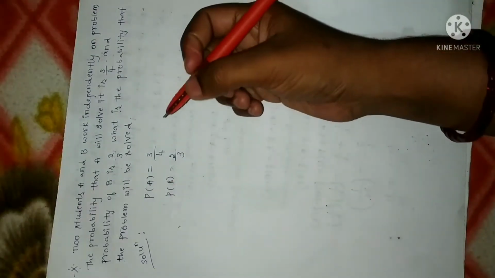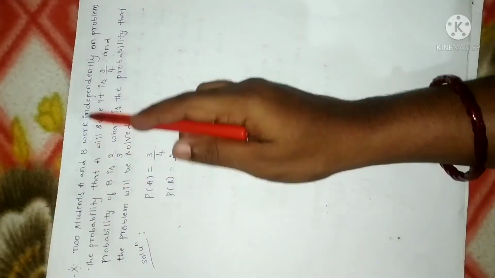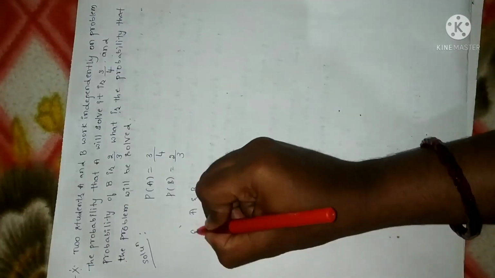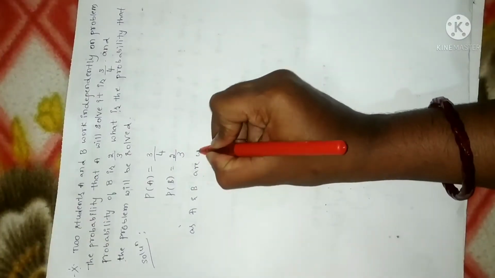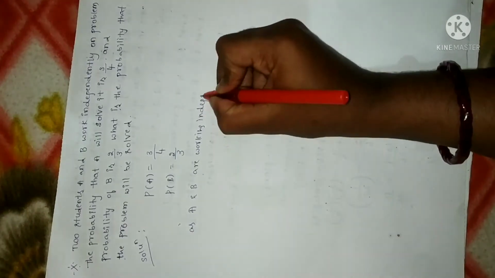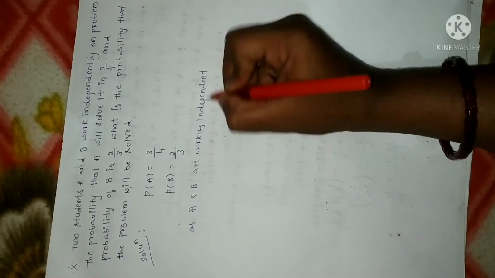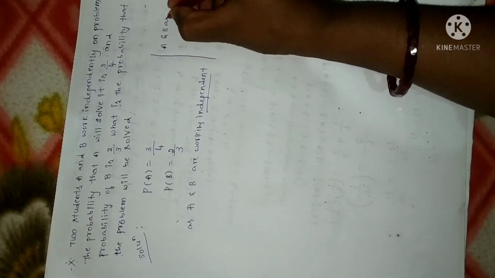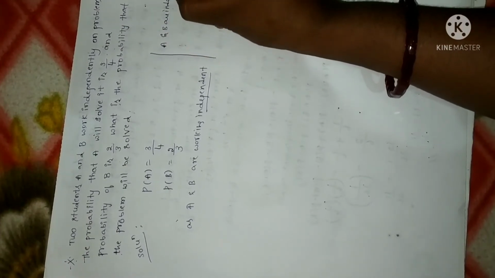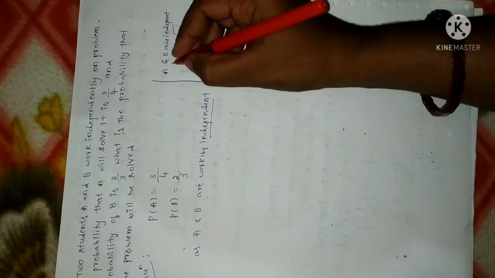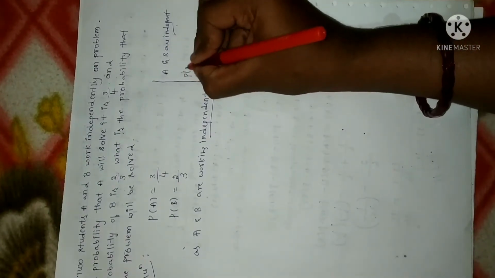Now what we have to find is, see here, two students A and B work independently. It is very important, as A and B are working independently. When the word independent comes, it is very important, as I already told you. I have already given the property list. You should go through that. So when do we say two events are independent?